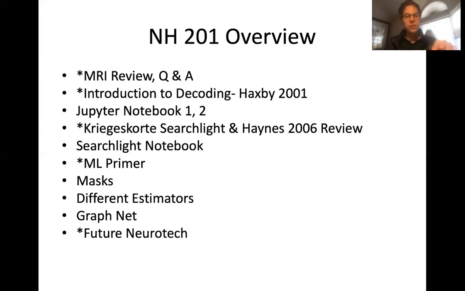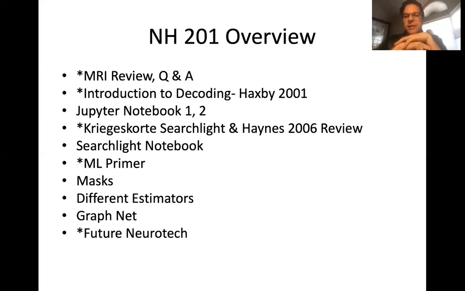And then we're going to go into this Jupyter notebook that covers how searchlights work a little bit, and an example of what the results look like. And then we're going to see what the results of the Searchlight look like compared to what we were looking at before.